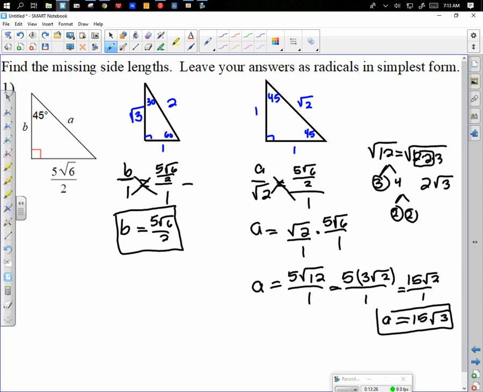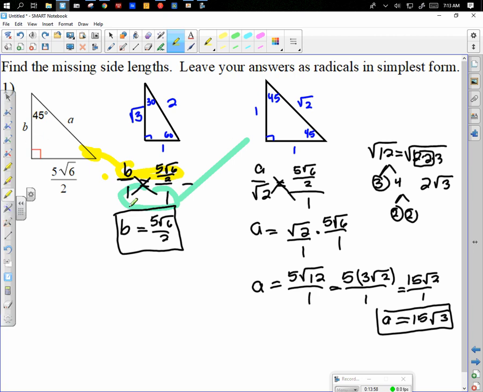So the key to these problems is you have to memorize these ones right here. Now what I want you to notice is when I use the upper one, all of the upper measurements came from this triangle. And all of the bottom measurements came from that triangle. So what I did is this side b corresponds to 1.